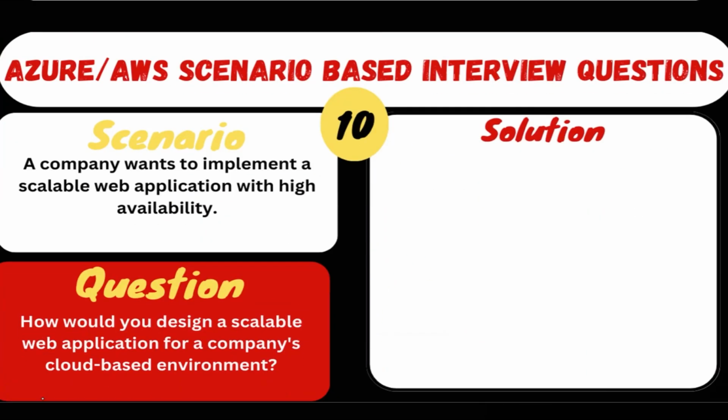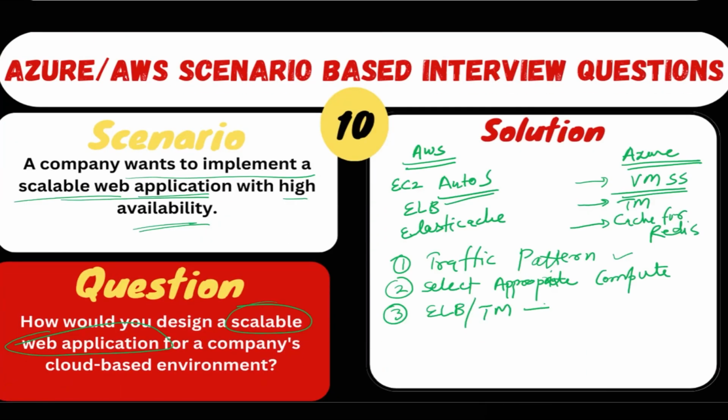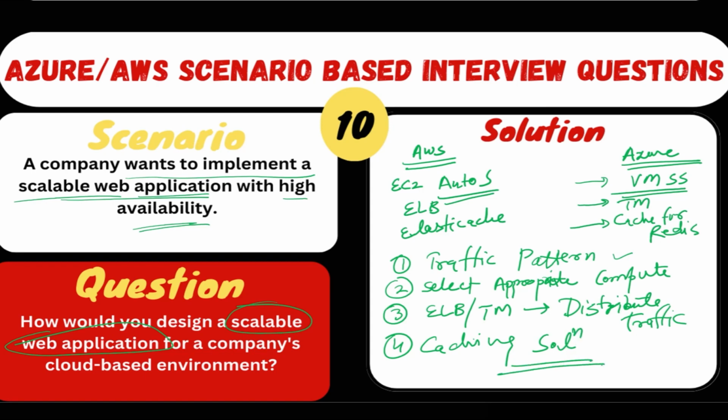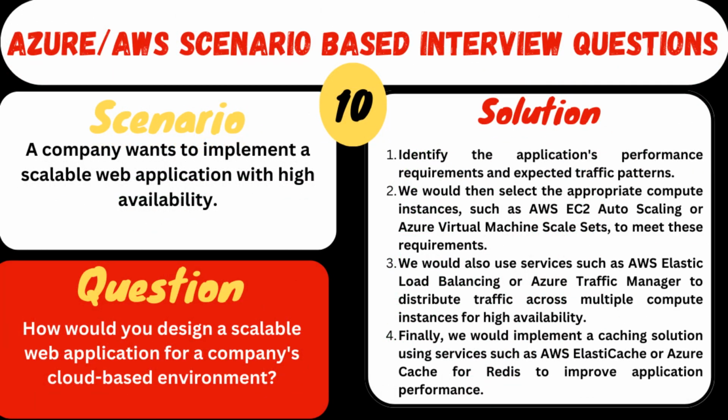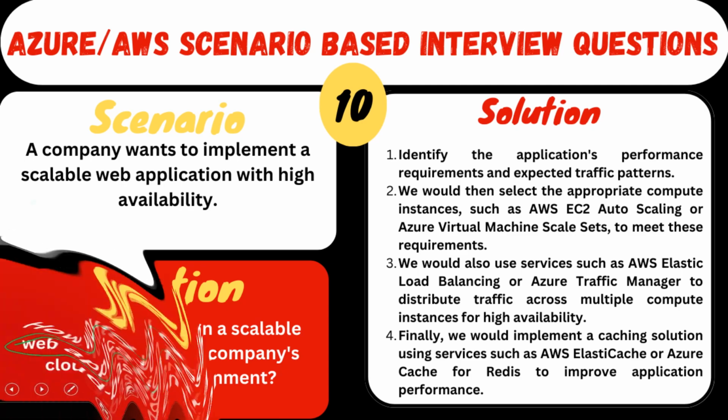Because in our scenario, they are looking for a scalable web application with high availability, so to provide high availability, we will use Azure Traffic Manager or AWS ELB. In the last step, we implement a caching solution using AWS ElastiCache or Azure Cache for Redis to improve application performance. So this is the way we will be able to implement a scalable solution.